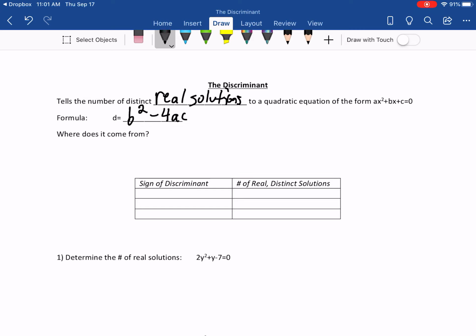Where does the discriminant come from? Well, the quadratic formula is, let me rewrite that, x equals negative b plus or minus the square root of b squared minus 4ac, all over 2a. So the discriminant is right there. Okay, actually let me change that.